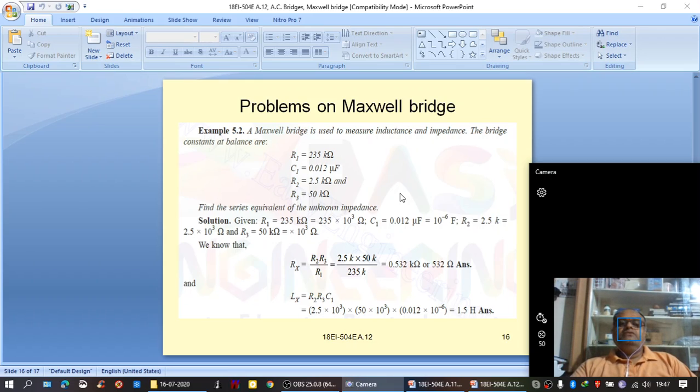We have to find out the unknown impedance. We know that unknown impedance is Rx plus j omega Lx, and the expression for Rx is R2 R3 by R1.